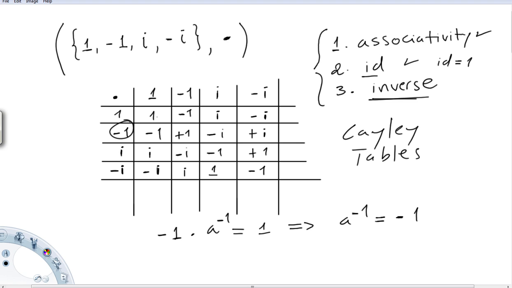So minus 1 is the inverse of itself, because minus 1 times minus 1 equals 1, and 1 is the identity. So this set under the complex multiplication, there is an inverse, right? So yes, it is a group.